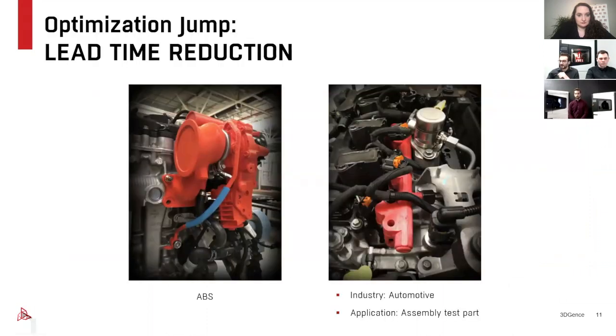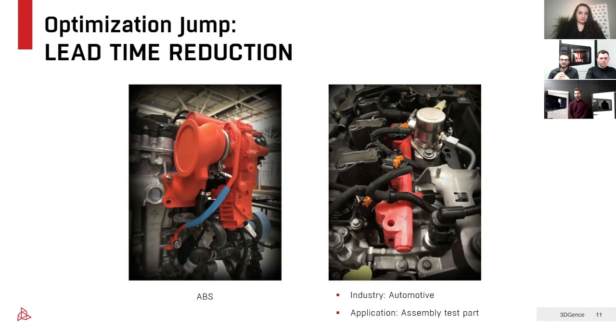Okay, and a very interesting case that I will try to summarize. An automotive industry manufacturer has been presented with a task of preparing themselves to manufacture a new type of engine. They had limited access to the parts on which to base their assembly process.